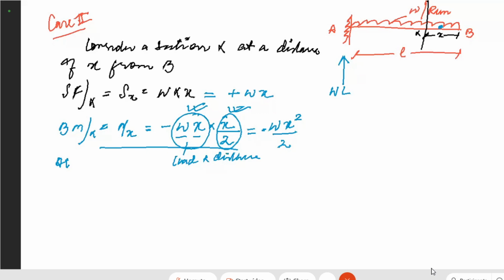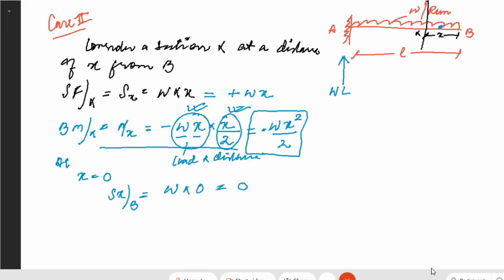So now you have end conditions. This is the equation for your calculation of bending moment. Now when at point x is equal to 0, shear force at x equal to 0 means shear force at B, that will be equal to W into 0, that is equal to 0.